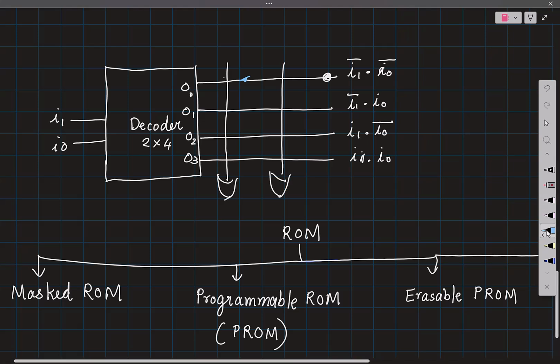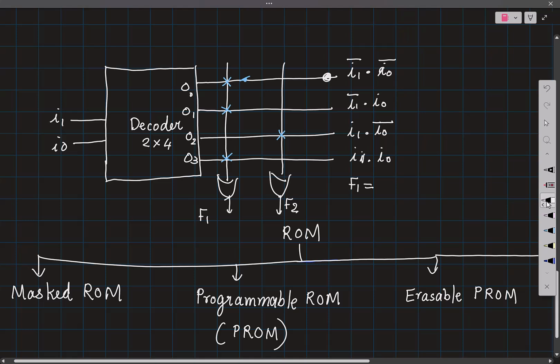right, and then let's say I make the connection here and I make some connections like this, and I'm going to call this my function F1, this my function F2. Can you tell me what is F1? F1 will go high when either this line goes high, this line goes high, or this line goes high.